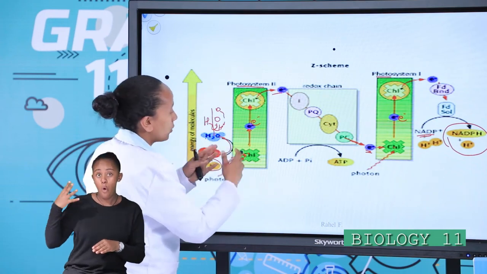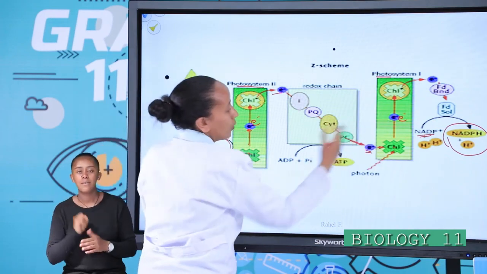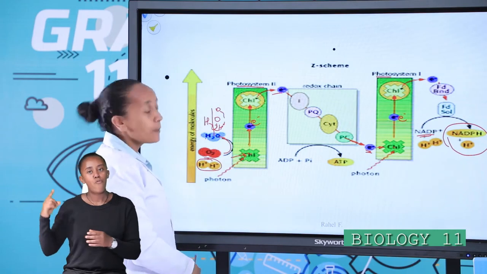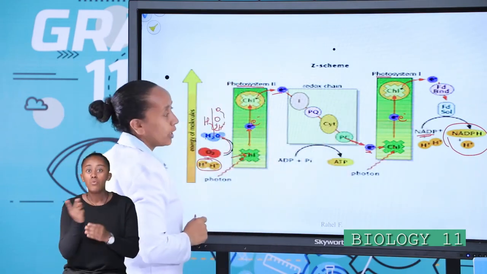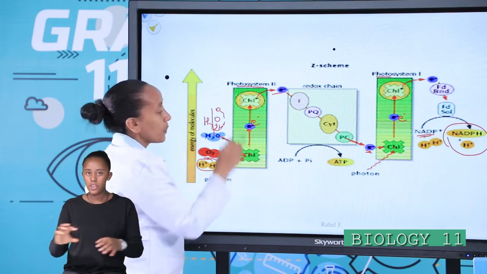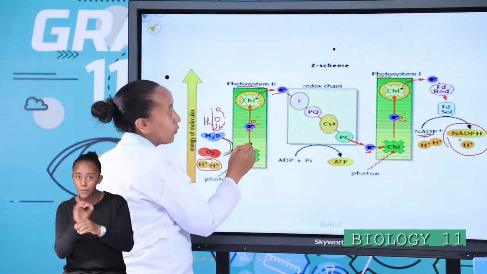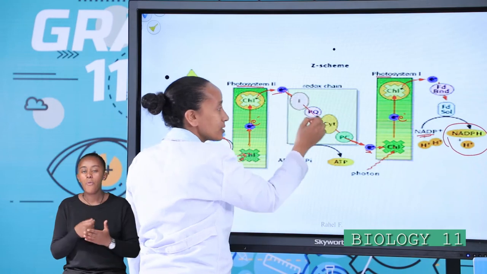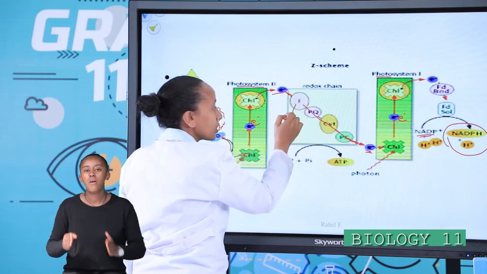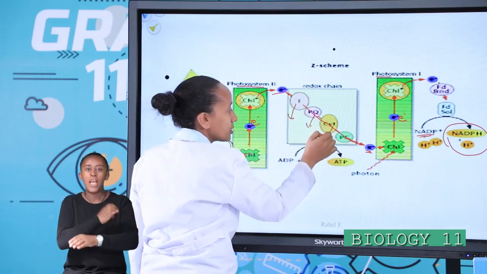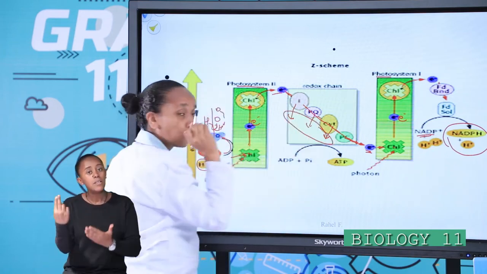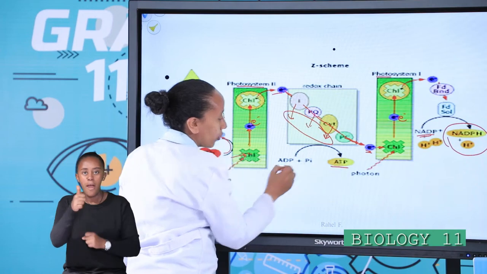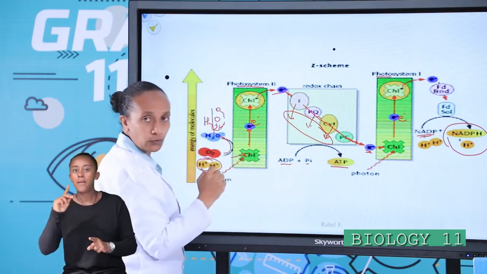By now our photosystems are stable, but the electrons pass along two electron transport chains. The electron that is lost from photosystem 2, when it passes this pathway, it loses energy. This energy is used to form ATP from ADP and inorganic phosphate.